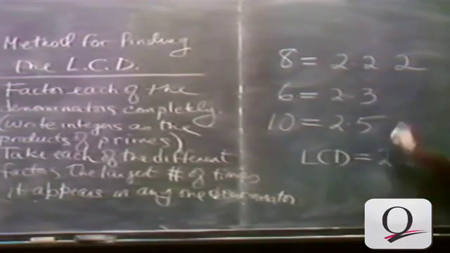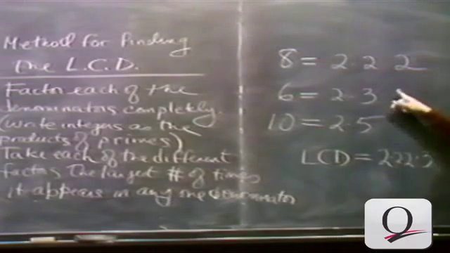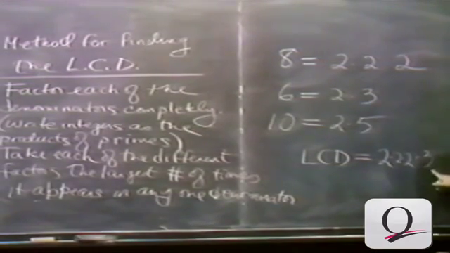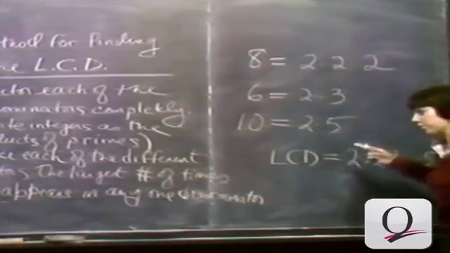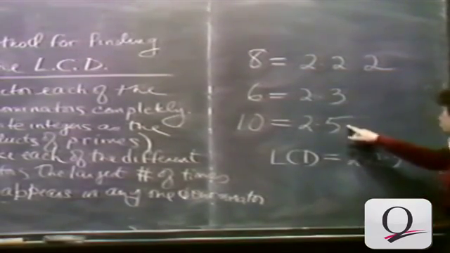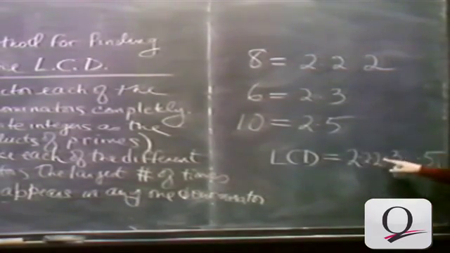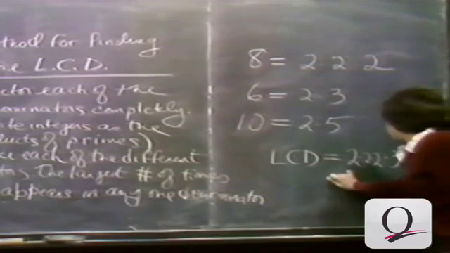Then we look at 3. There are no 3's, 1 three, no 3's. Therefore, 3 occurs once in the LCD. And then we look at 5. There are no 5's, no 5's, 1 five. The largest number of times 5 occurs is just 1. So we get 2 times 2 times 2 times 3 times 5.